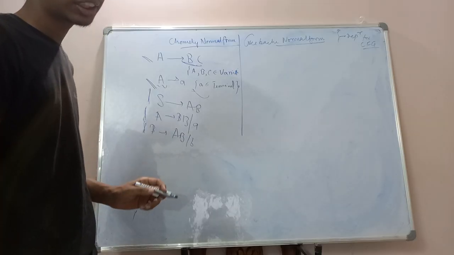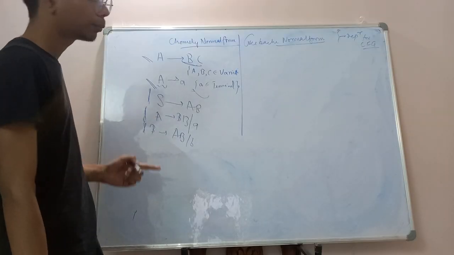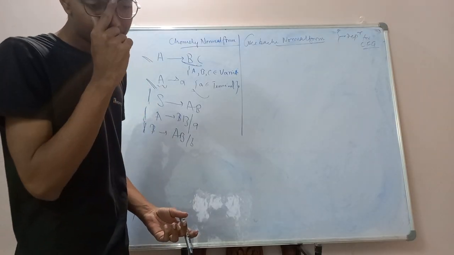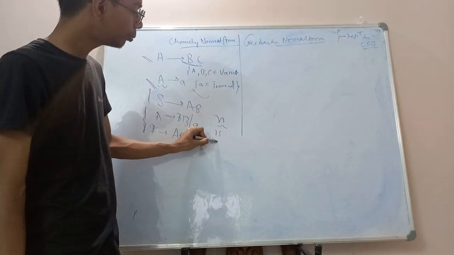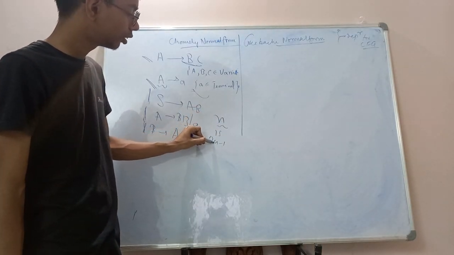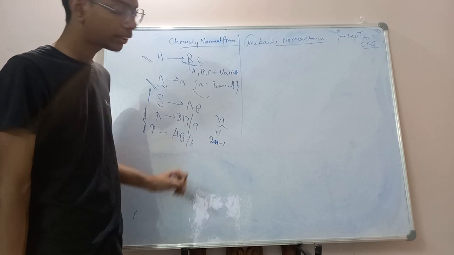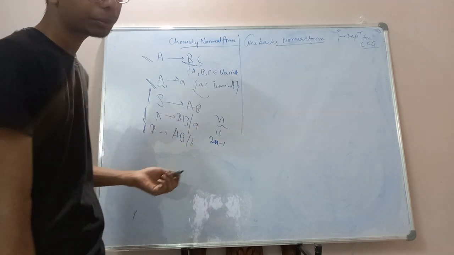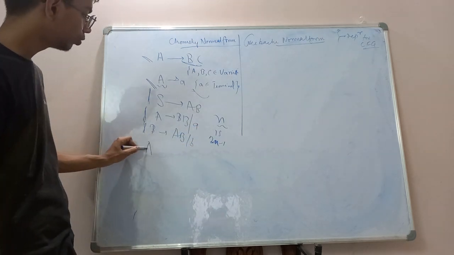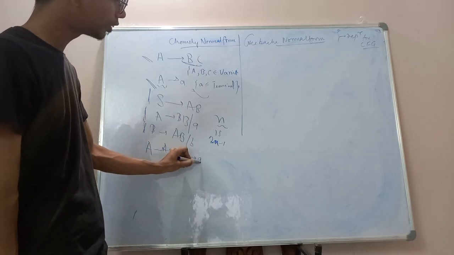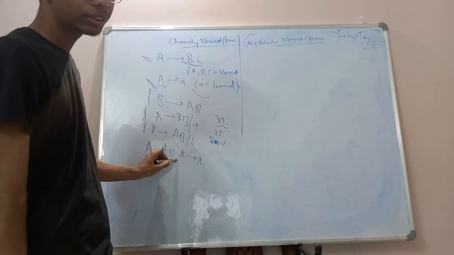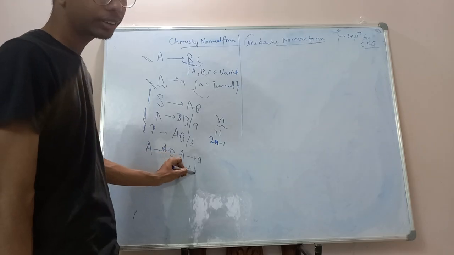The number of steps required to generate a string of length n is 2n minus 1, right? Suppose I have S goes to AB, A goes to small a, which is terminal, and B goes to small b.